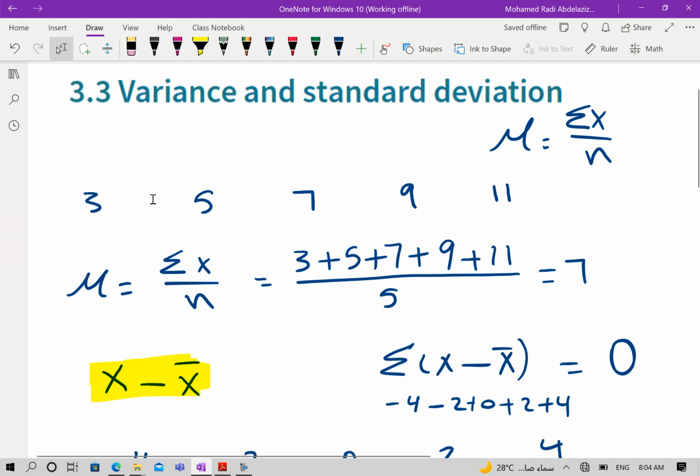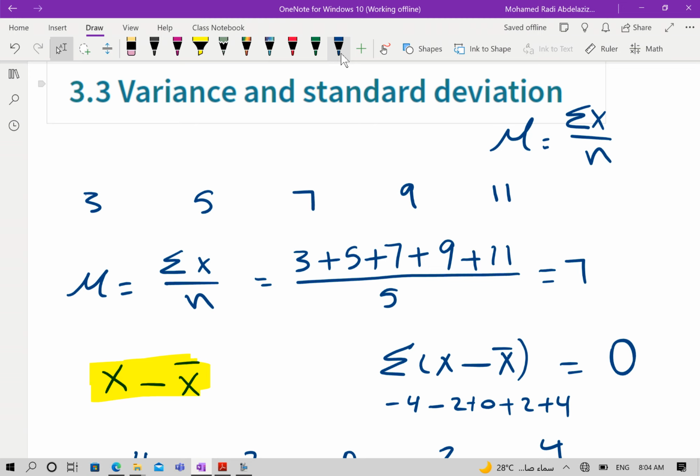I will explain again how to calculate the variance. The first step is to find the exact value of mu, even as a decimal fraction, to make sure that the sum of x minus x bar is 0. You have to subtract the exact value of mu.